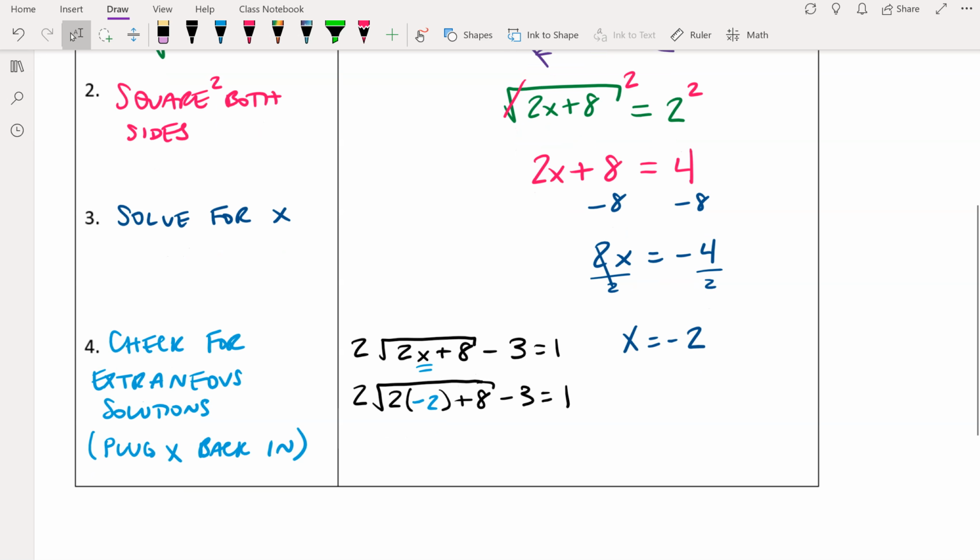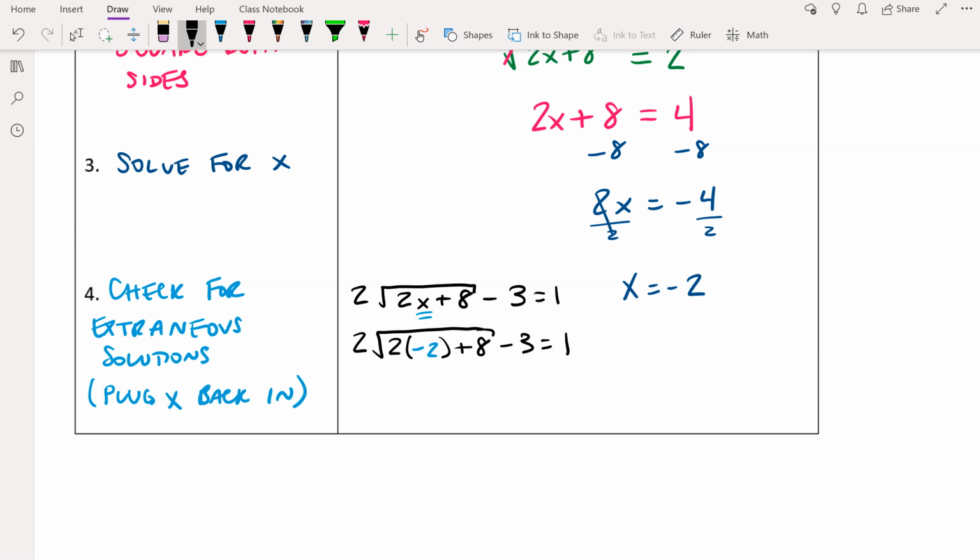So let's simplify. We get 2 times negative 2 right here, which is negative 4. So we have 2 square root of negative 4 plus 8, minus 3, equals 1. That turns into 2 square root of 4, because negative 4 plus 8 is positive 4, minus 3 equals 1.